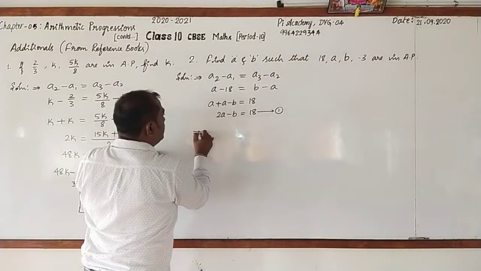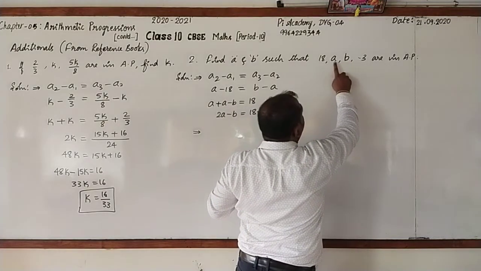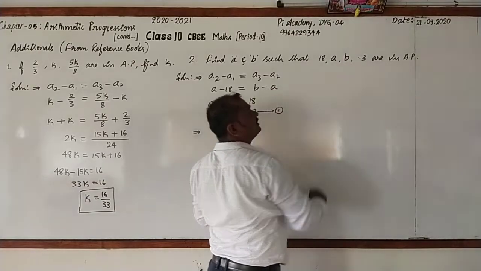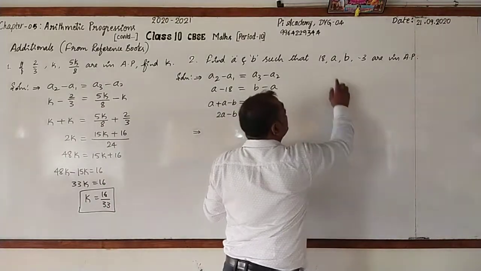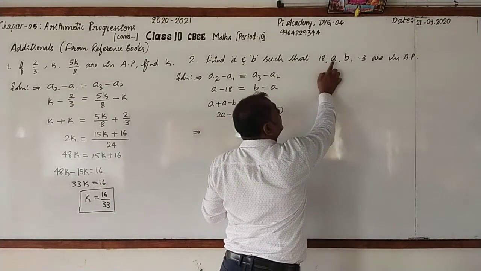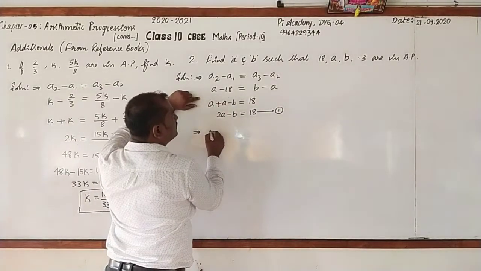Next, you may take either A2 minus A1, A3, sorry, A3 minus A2 equal to A4 minus A3, or else A4 minus A3 equal to A2 minus A1. However you want, I am writing this.